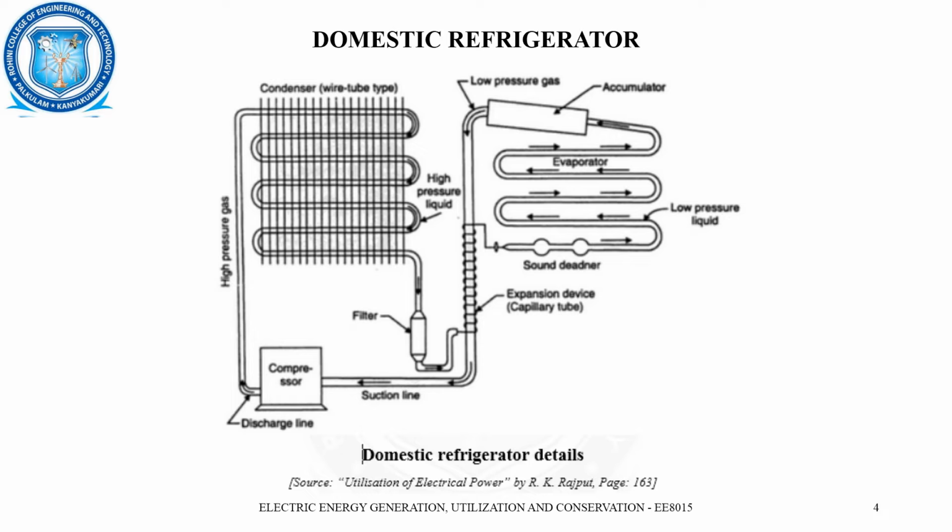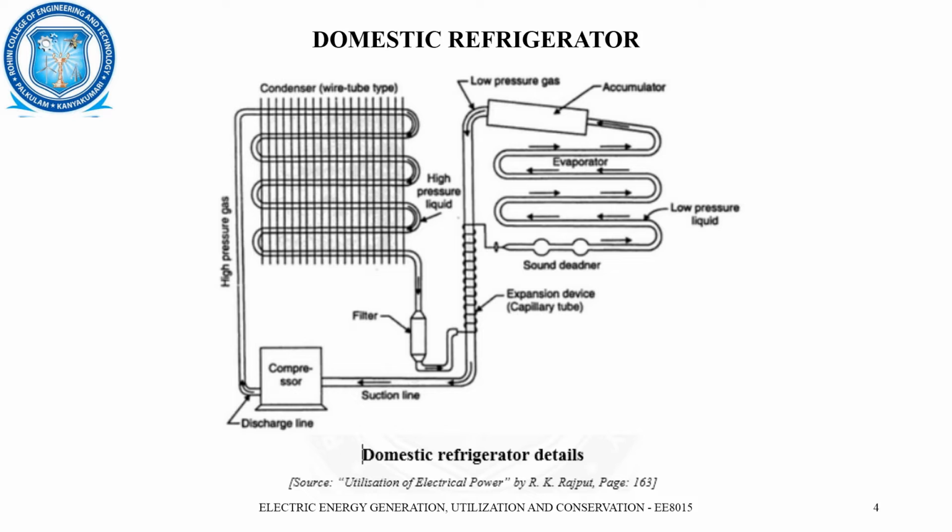So high pressure liquid will be flowing through this, and after flowing through the condenser, it will come across the filter, and through the filter, it will enter the expansion device. The pressure has to reduce in this case. The expansion device is a capillary tube. You can see the capillary tube is very small in size.